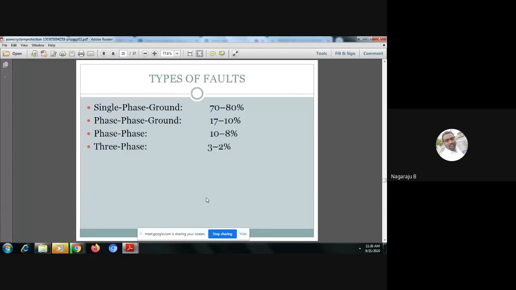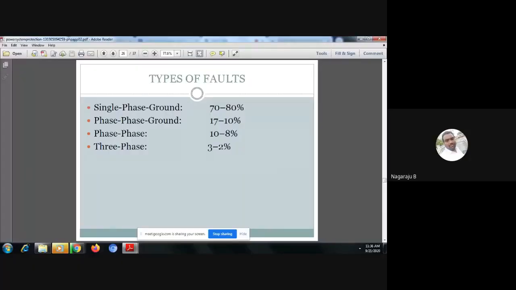And a three phase fault is below 5%. So knowing this, the major problem is the line to ground fault.